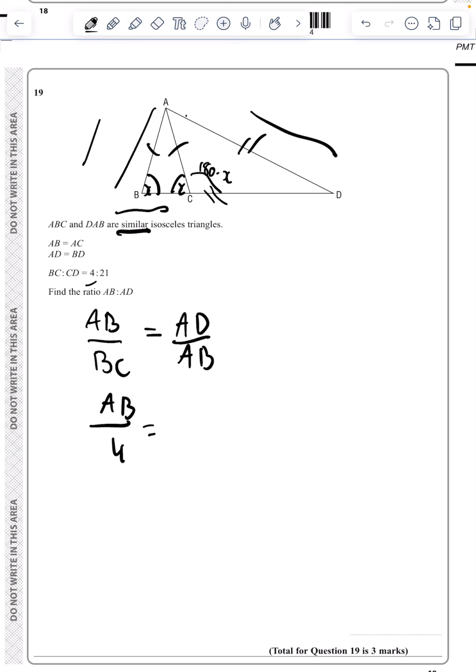So 4 equals AD, which they're giving you the ratio. So CD is 21, so AD, assuming it's 25. I know it's a ratio, but it still works proportionally. For AB equals 10.